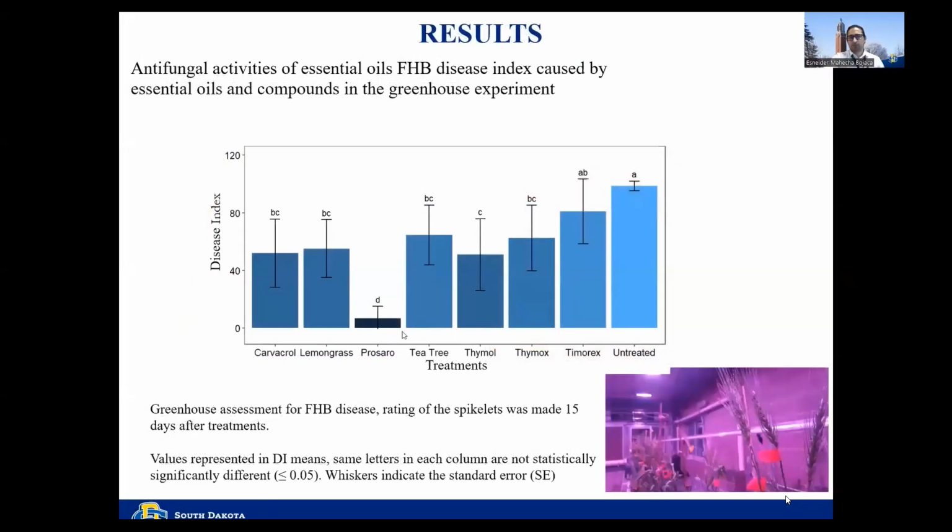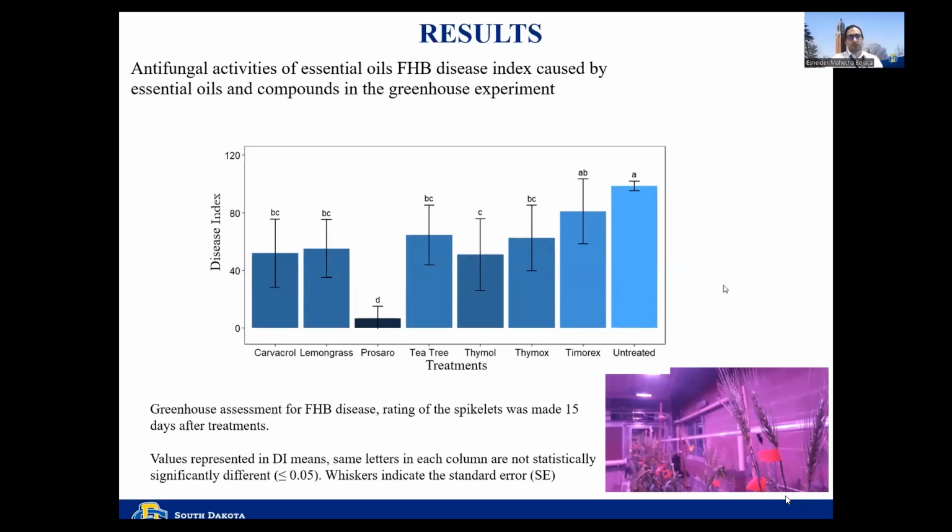In the greenhouse, we also had a disease index. We had three reps, where each rep was a cone, and each cone had three spikelets.